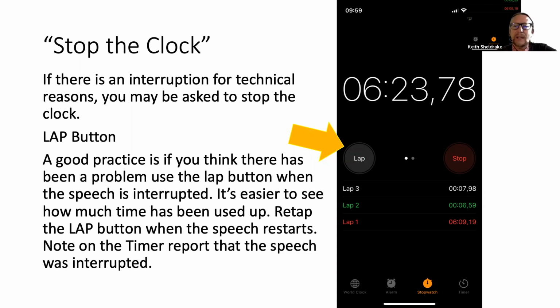The lap button will keep the clock running, but will record at what point you stopped the clock, or lapped the clock, so that if the contestant does get reconnected, then you can start the clock again. When you're finished, take out the time when they've been offline and write on the form interrupted, and then the chief judge will understand what they need to do.